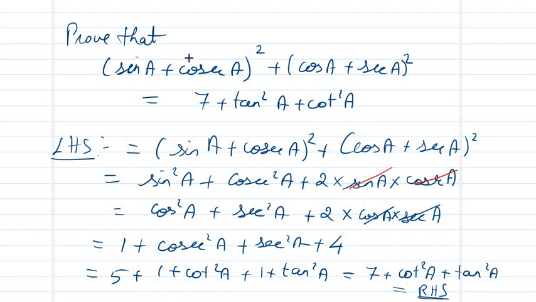I've started from the left hand side expression, did some calculations, and I'm able to arrive at the right hand side expression, which is what we needed to prove. Hence the given statement is proved.